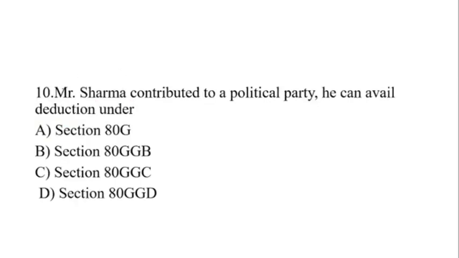The next question: Mr. Sharma contributed to a political party. He can avail deduction under which section? Here Mr. Sharma is an individual person, and he contributed to a political party.